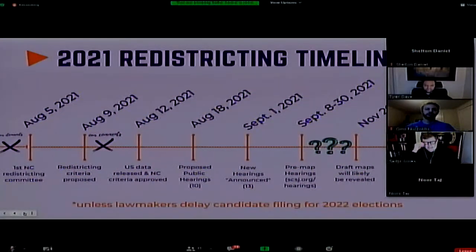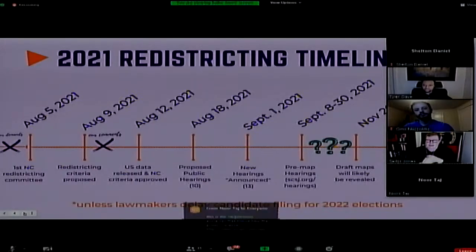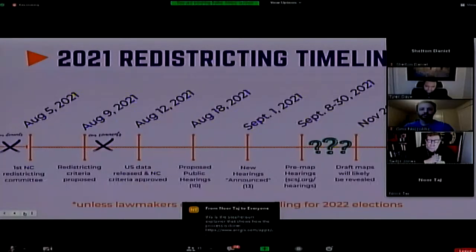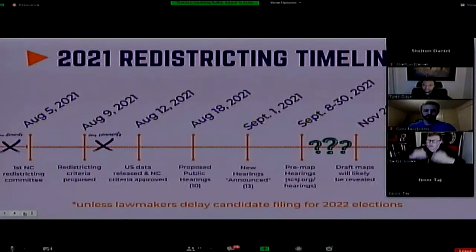First thing I'll say, just really briefly, Tyler laid the groundwork for this, but we are in the redistricting process this year, and Noor kind of showed you how they're going to put the pieces together. And they started doing that in August by very quickly passing on August 12th the criteria, or as Gino calls it, the rules of the game by which they draw our maps.